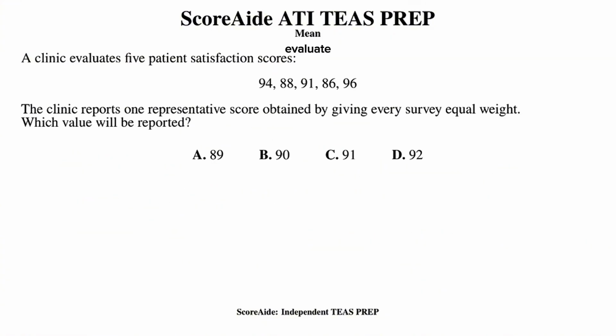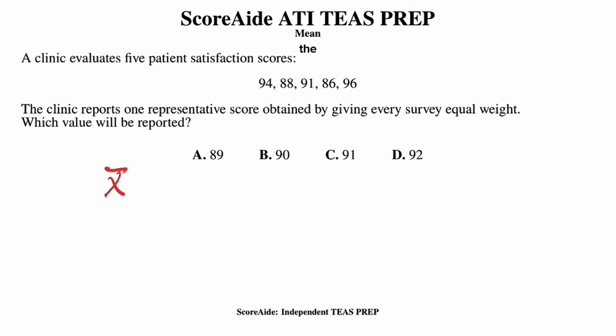A clinic evaluates 5 patients' satisfaction scores. So we have 94, 88, 91, 86, 96. The clinic reports one representative score obtained by giving every survey equal weight. Which value will be reported? So here they are asking for the mean or the average.